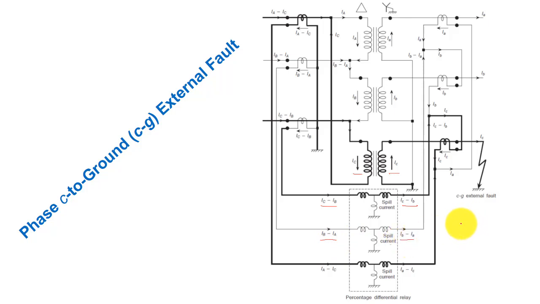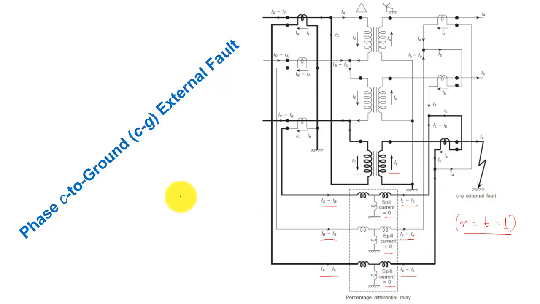Here n equal to T equal to 1 is assumed, that is, the CT ratio and the transformer ratio are assumed equal to 1. So IA minus IC, and here also IA minus IC. Therefore the spill current will be 0 for all three cases. Now you can see the spill current is 0 for the external fault.